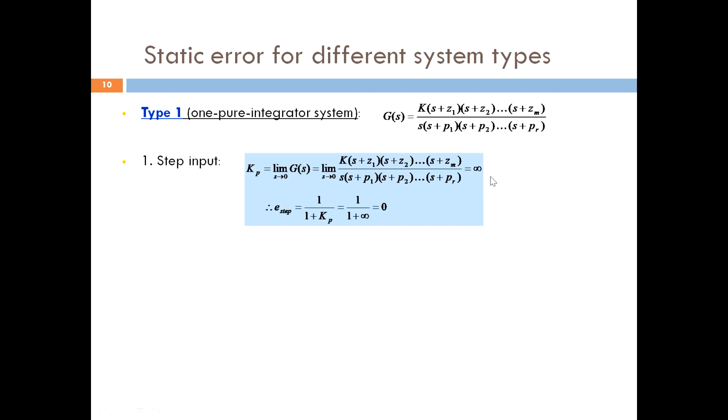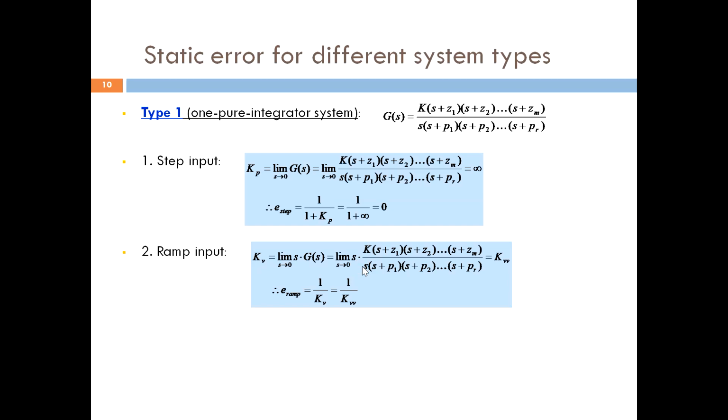The reason here is because we've got an s in the denominator, and as this s goes to 0, this whole expression is going to evaluate to infinite because of division by 0. Then if we take that to be the value for Kp and we substitute it there, this evaluates to 0. So the steady state error for a step input to a type 1 system is 0.